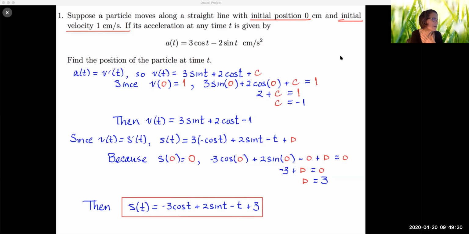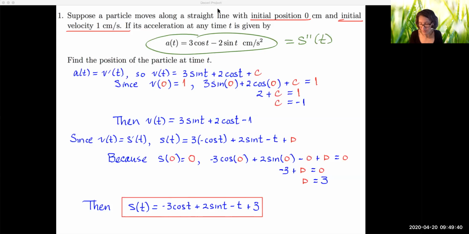Let me go back and explain my steps. So we were given the acceleration, right? So we were given the second derivative, s double prime of t. So first we found the general antiderivative of that, the general antiderivative of the acceleration.